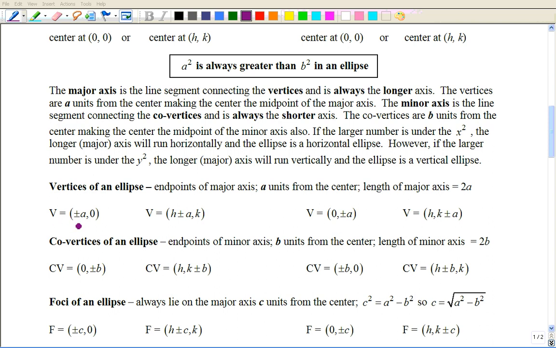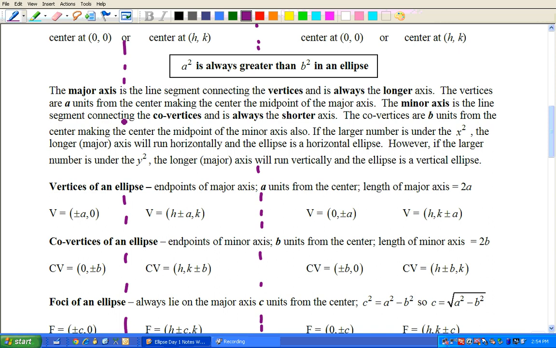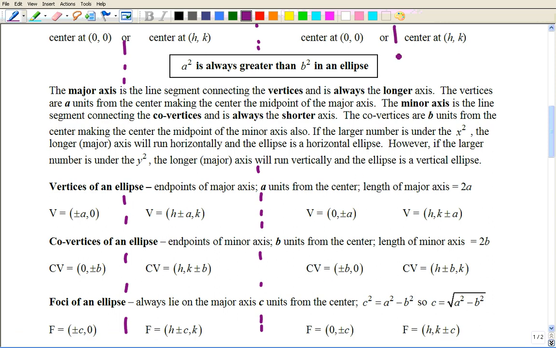Everything on the left-hand side is for the horizontal, and everything on the right-hand side is vertical. And the center at 0, 0 applies for all of these in that column. So there's really like 4 columns running down here.